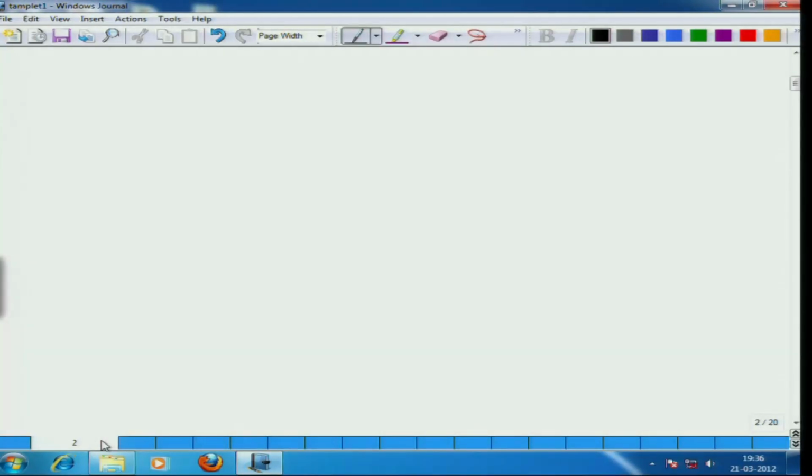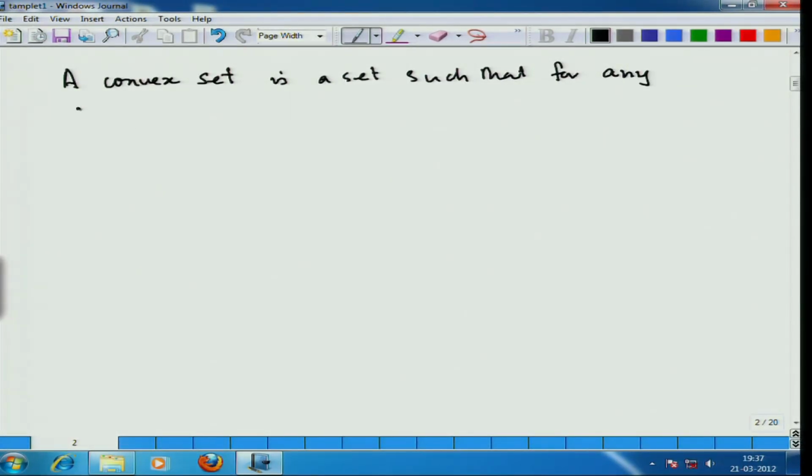Now, formally, a convex set is a set such that for any x, y in the set, the line segment from x to y is also a subset of the set.